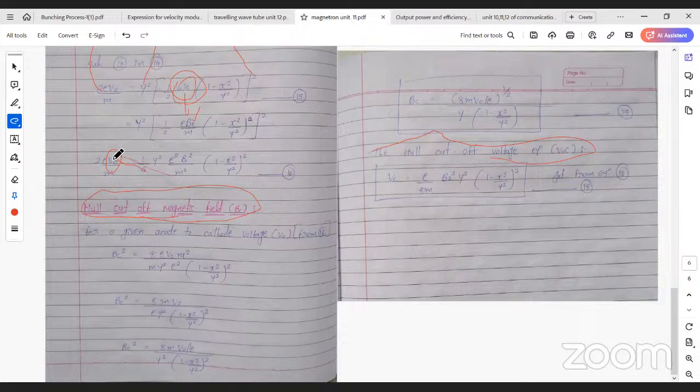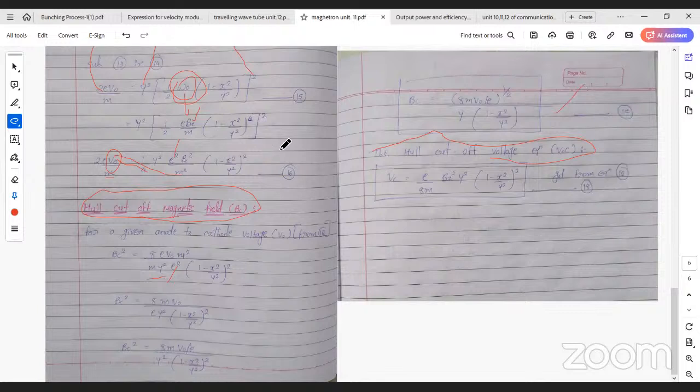This m square is also going towards this side, and we have the original m. And next, Bc square is as it is. This e square is in the numerator and came to the denominator. This whole term was in the numerator and is shifted to the denominator. After shifting to the denominator, with a small adjustment, we will get the value of Bc.